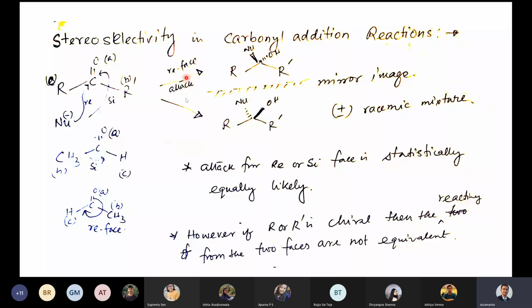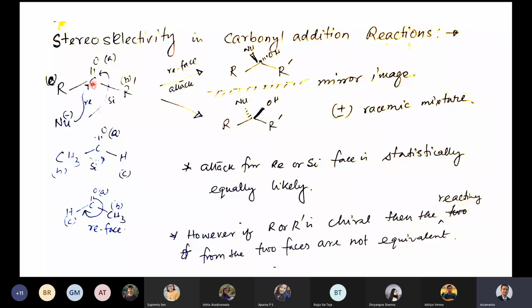Let's say in this molecule, the attack happens from the Re phase. Let's say this is A, I consider R prime to be B and R as C. So this is A to B to C, so the top phase is the Re phase. If the Re phase attack happens, then your OH will go to the back and the nucleophile will come to the front.